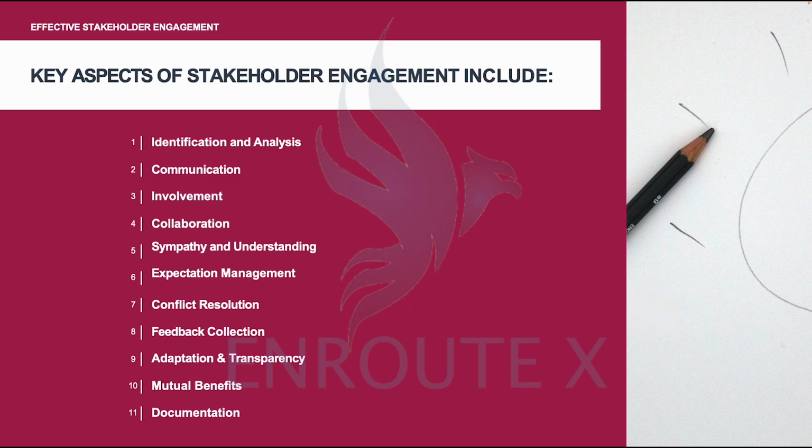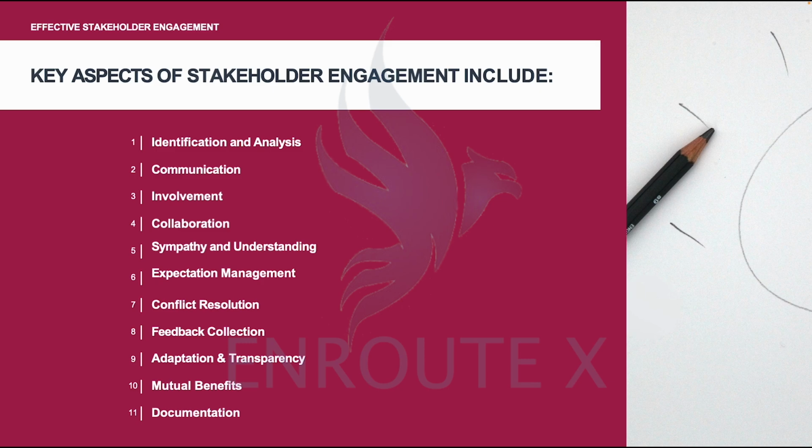identification and analysis, communication. These are just English words basically, which I believe we could expand and understand on our own. Involvement, collaboration, we cannot speak enough about collaboration. Sympathy and understanding.